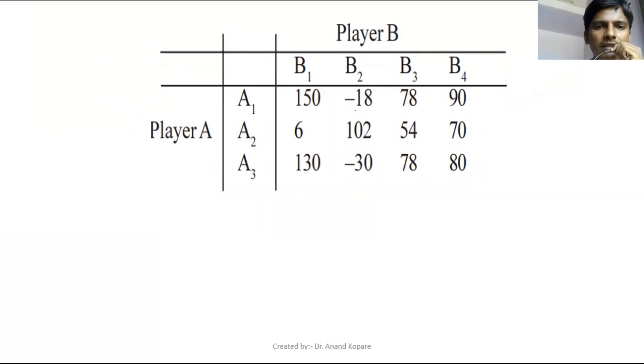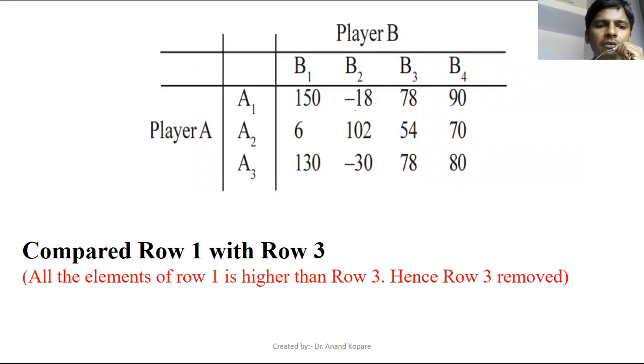So what do the dominance rules say? We have to compare rows or columns. Here, if we compare row 1 with row 3, 150 is higher than 130, minus 80 is higher than minus 30, 78 is common, 70 is higher than 78, and 90 is higher than 80.